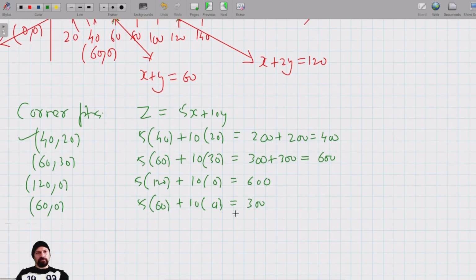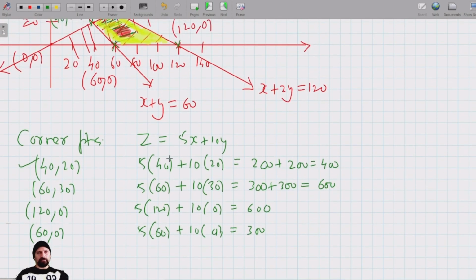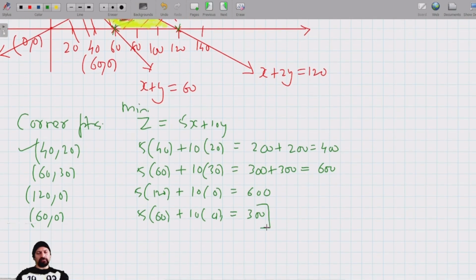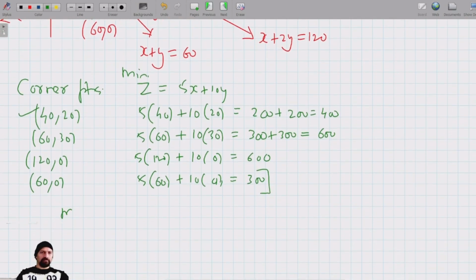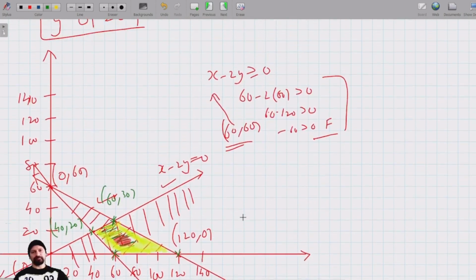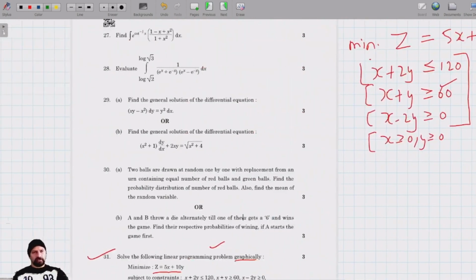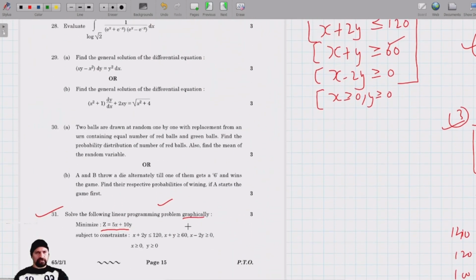Now this function has to be minimum, and the minimum value is 300. So the minimum value of z is 300, and that is at 60 comma 0. So that's what was asked in the question.